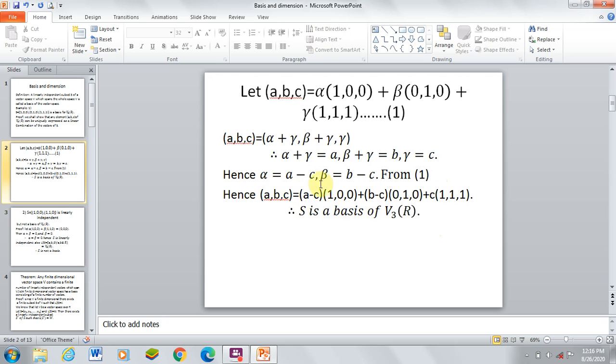It is a linear combination of those vectors. (a, b, c) means V3 of R, so V3 of R equals the linear combination. Therefore, S is a basis of V3 of R.